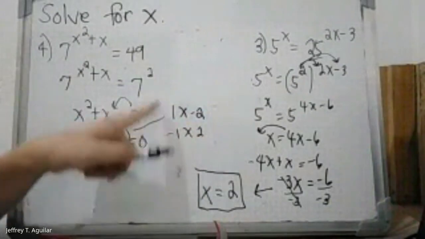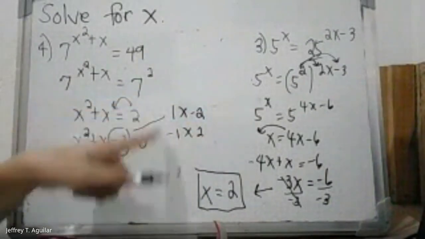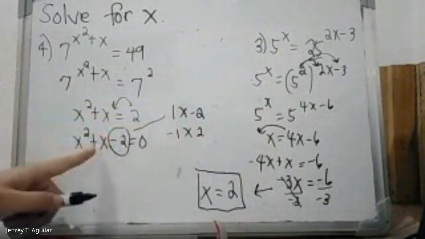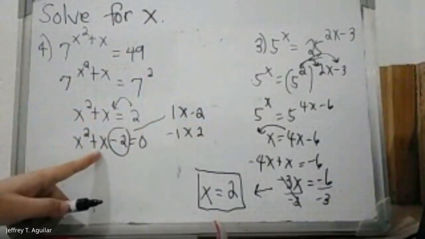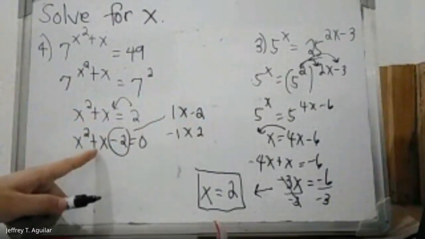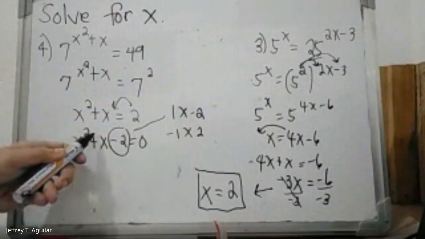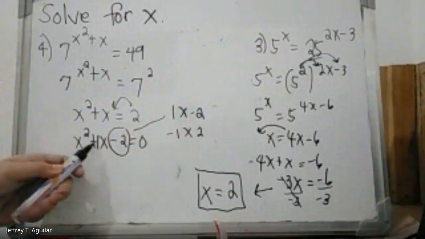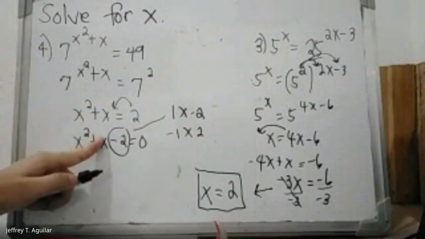Why are we having that trial? It's because we have to consider the middle numerical coefficient. This is understandable that we have a middle numerical coefficient or a number of 1 beside x.